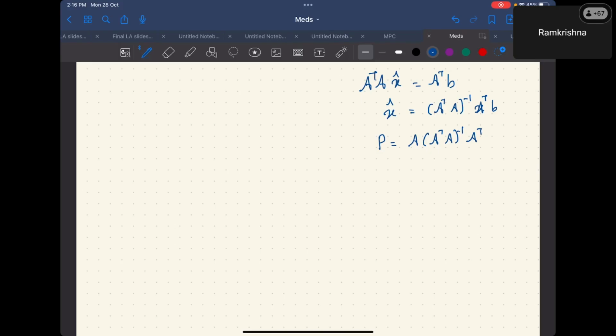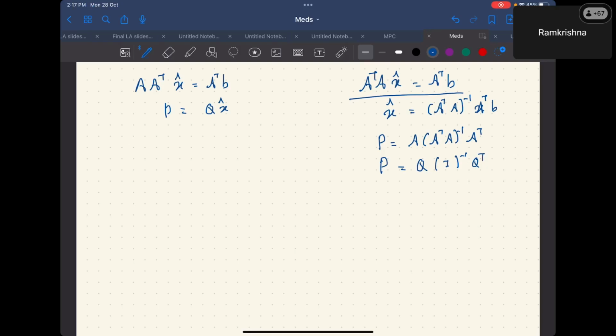Okay, so suppose now that A has orthonormal columns Q. If I look at this, A transpose x hat was A transpose P, and then A becomes Q times x hat, and this projection matrix, the capital P, will be Q, something inverse here, which will just be the identity, times Q transpose.